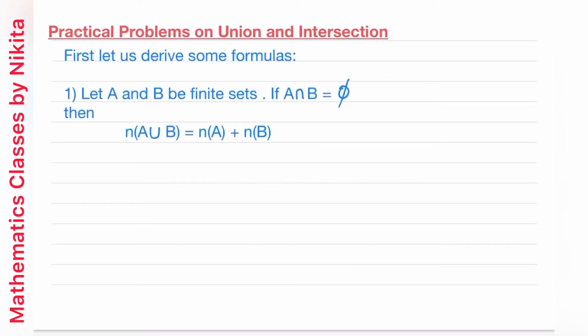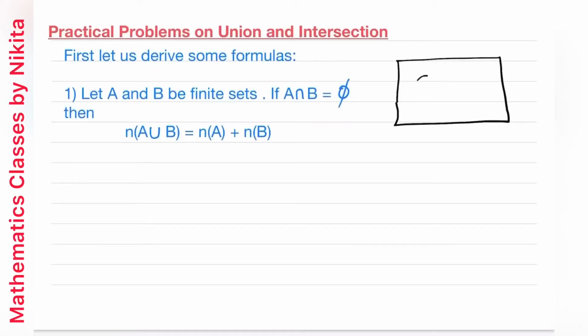So we are discussing everything from now onwards for finite sets, because we can count only the elements of a finite set. Now this says that if A intersection B is empty, that means A and B are disjoint sets, then the number of elements in the union A union B is equal to the number of elements in A plus the number of elements in B. First let me draw the Venn diagram of this.